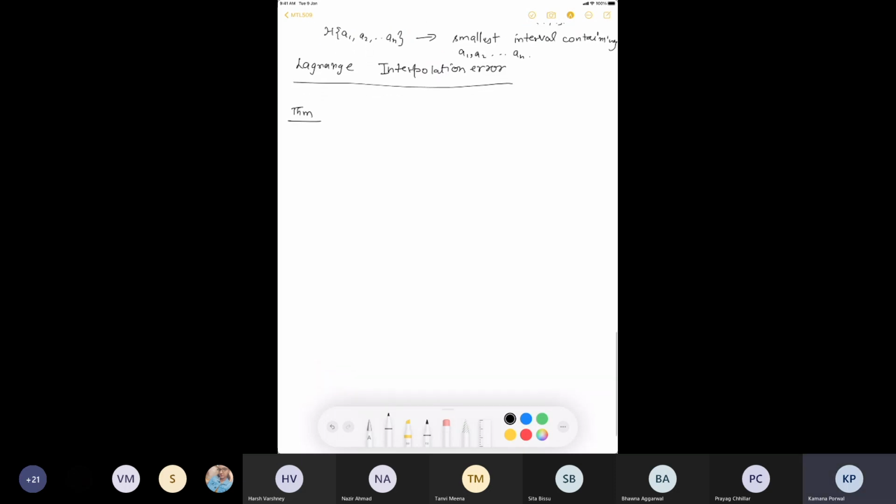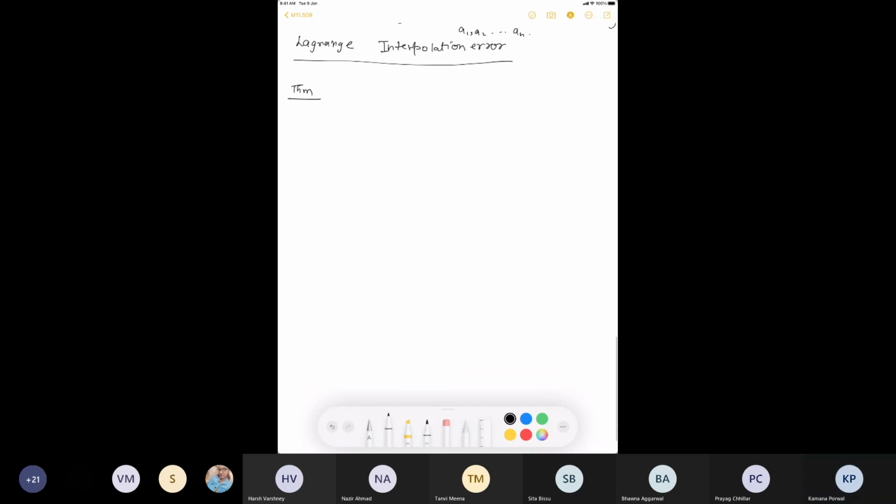So let's take the nodes as x0, x1 up to xn. These are the distinct nodes.